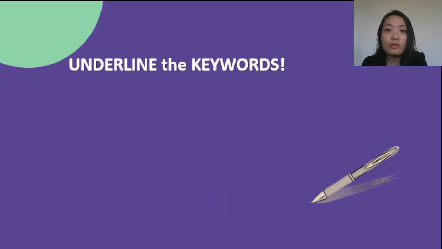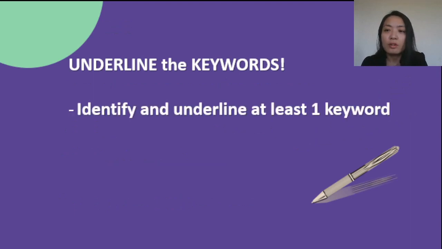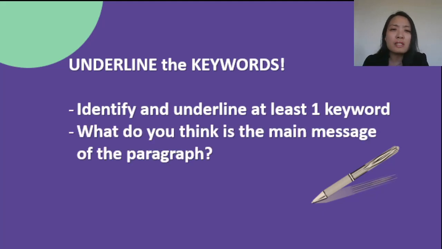And then, of course, while you're reading, you identify and underline at least one keyword that you understand. Ask yourself this question: what do you think is the main message of the paragraph? Usually, the main message will appear in the first line of the paragraph, which is the topic sentence. That topic sentence will help you understand what this whole paragraph is talking about.